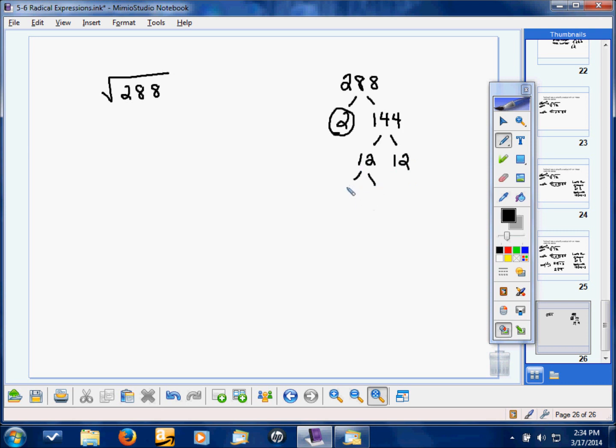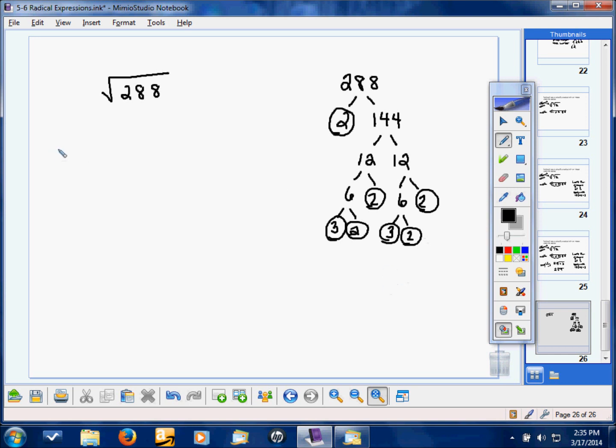This one is 2, 3, 6 and 2. 6 and 2. And 6 and 2. Okay, guys, stop talking. Stay with me. 6 breaks down into 3 and 2. 3 and 2. And 3 and 2. So everything we got at the end of the branches was 2's and 3's, right?